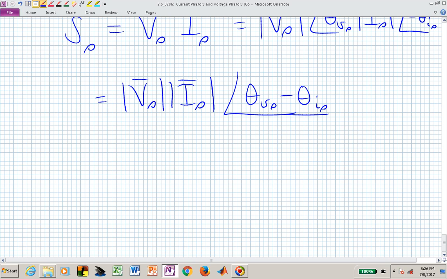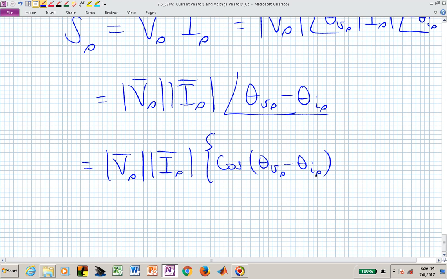Its real part, which is associated with the cosine, and its imaginary or orthogonal part, which is associated with the sine. Or we now know that V sub s, I sub s, is now cosine of theta V sub s minus theta I sub s plus j sine theta V sub s minus theta I sub s.